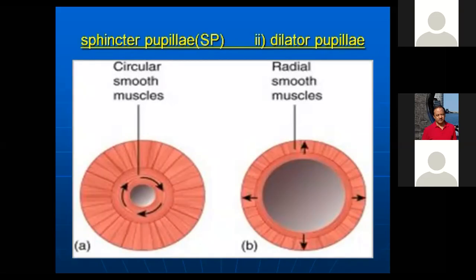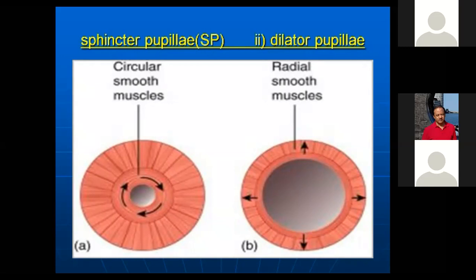So with this diagram, you can see the circular smooth muscles in the sphincter pupillae and the radial smooth muscles in the dilator pupillae muscles. And these muscles are responsible for the constriction or dilatation of the pupil.